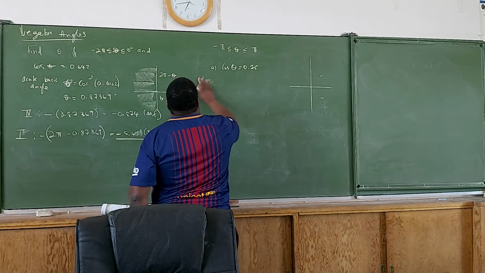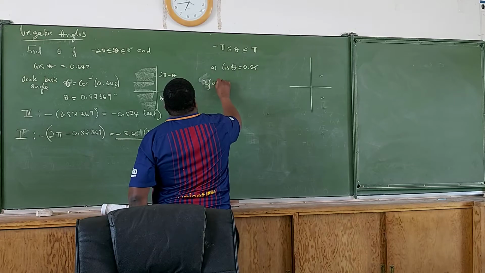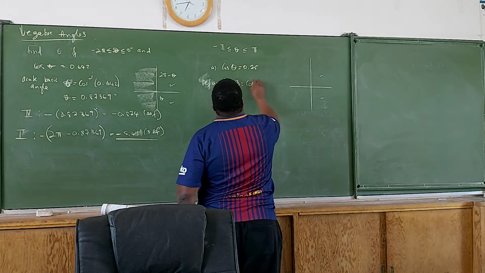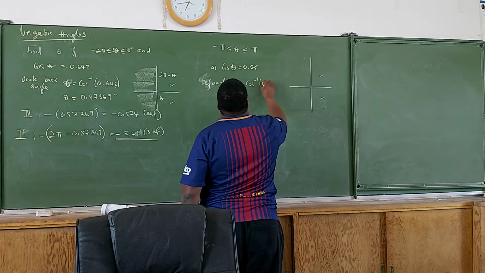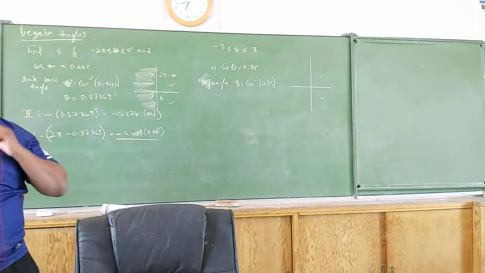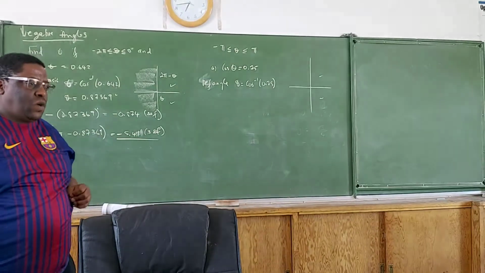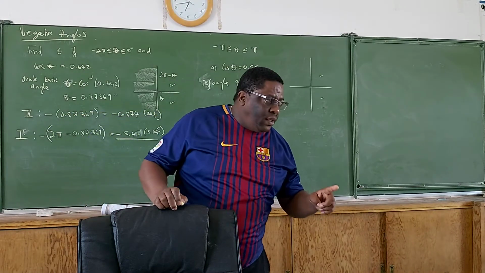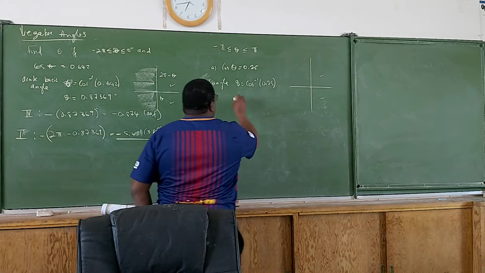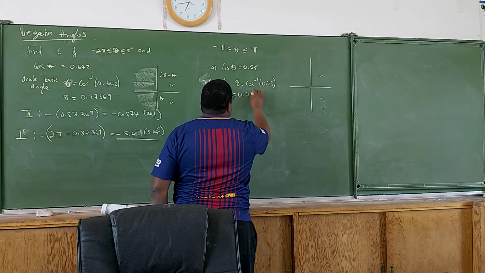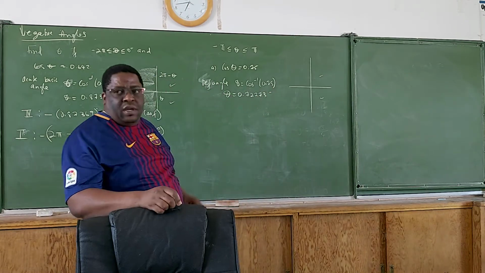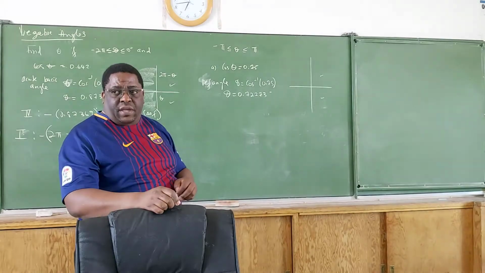My key or my reference angle, or my acute basic angle, would be theta equals cos inverse of 0.75, and give me the answer in radians, please, up to 5 decimal places or something like that, because we want to avoid premature rounding. Does that make sense? Okay, so what is this answer? 0.722. Okay, that's sufficient degree of accuracy I can work with.